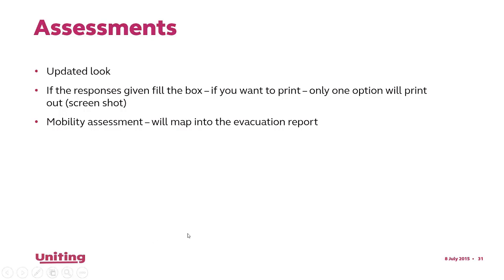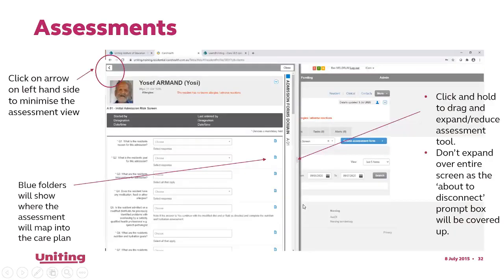The mobility assessment will be mapped into the evacuation report. So the assessments look a bit different and their functionality is a bit different, and I will show you this at the end of this session.